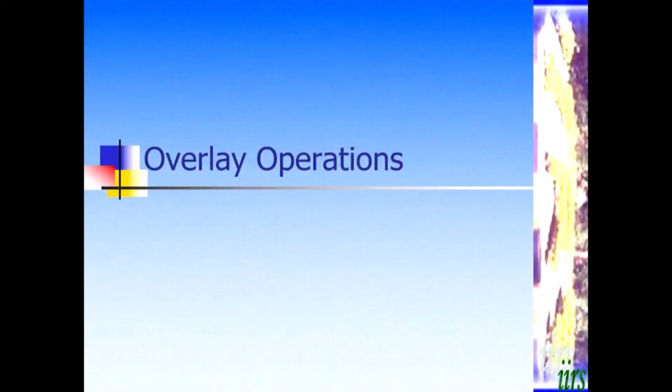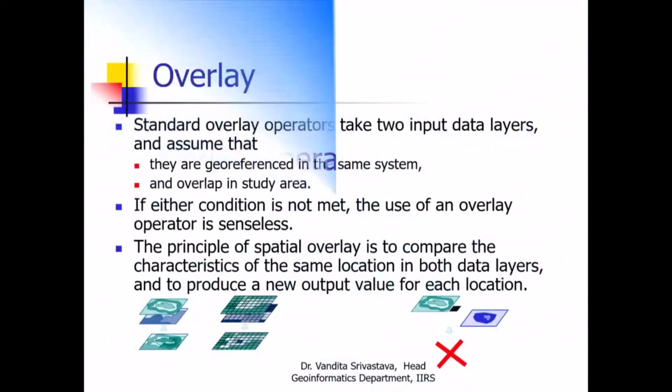Now I talk about overlay operations. Just two rules I want to inform you before we can further proceed for the type of overlay operations. So standard overlay operations take two input data layers at a time, and they assume that they are georeferenced in the same system. The coordinate system that is used and the datum, everything is the same.